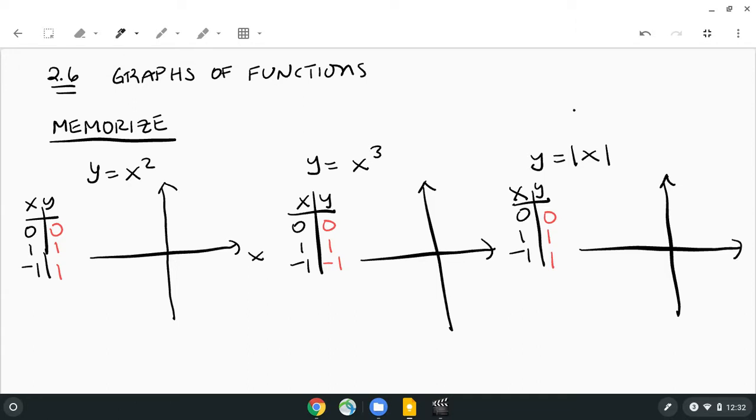All right, and let's get some tick marks going here. Don't need a whole lot since we're only going to 1 and -1.